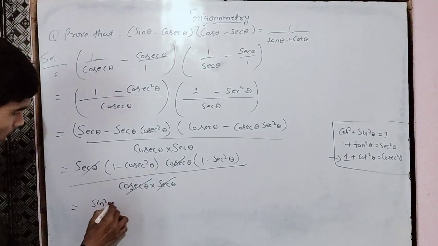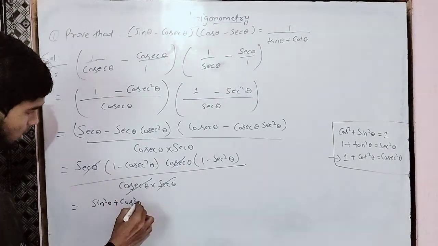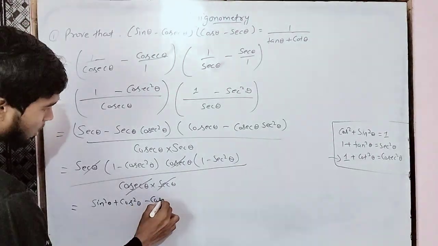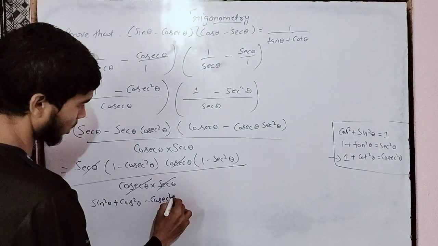Sin square theta plus cos square theta minus cosec square theta. Clear?